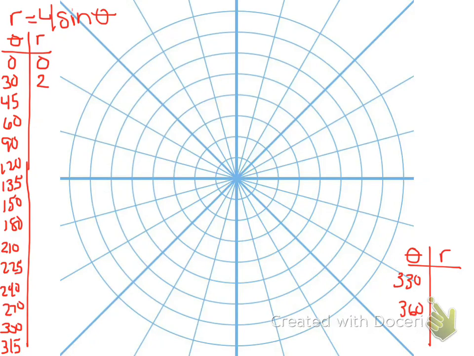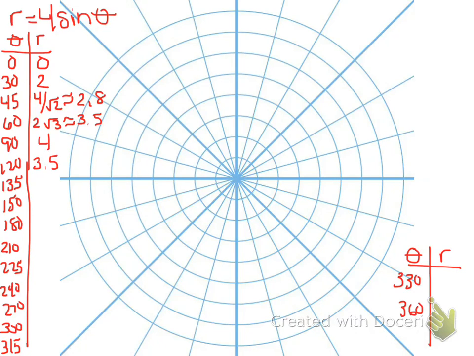Okay, now that you've filled it in, we're going to check this. Compare it to mine. At 45 that's 4 over root 2, or approximately 2.8. 60 gives you 2 root 3, or approximately 3.5. Then we get 4.